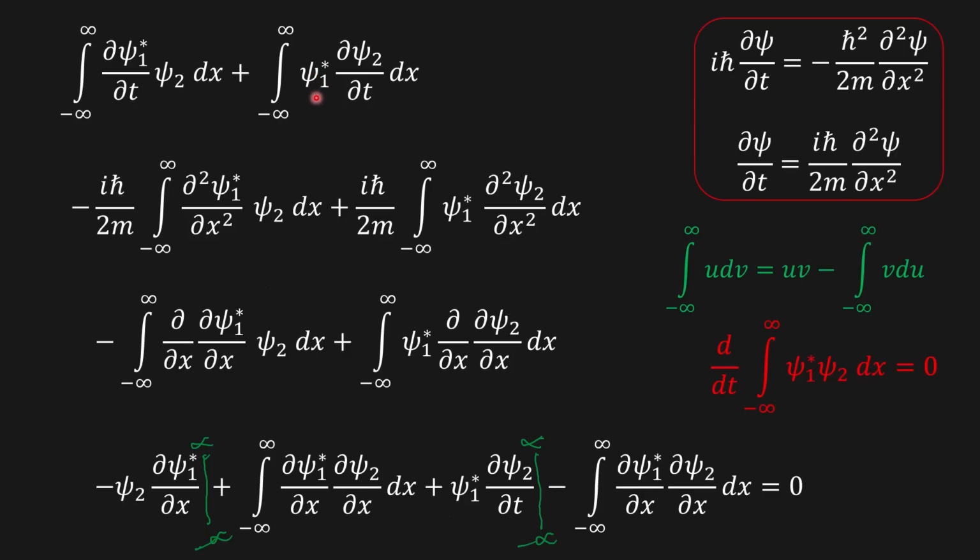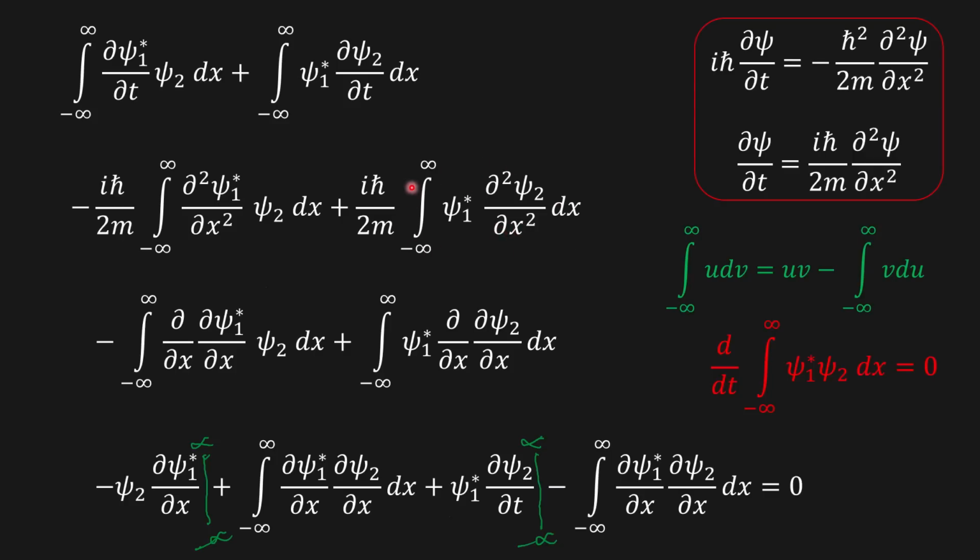Similarly, in the second term, psi 1 star is not complex conjugated here, so I am taking it as it is. This will become i h cross divided by 2m times delta 2 psi 2 over delta x2.